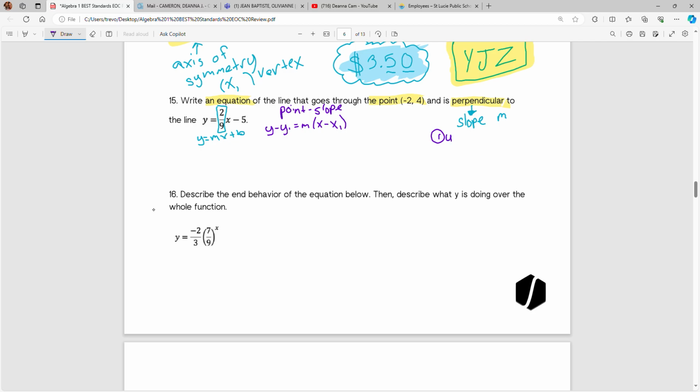So if it's giving you a whole number, you would turn it to a fraction and then flip it upside down. And perpendicular slopes are also opposite signs. So if this is positive, our slope for our line will be negative. If this were negative, then our slope would be positive. So upside down and opposite.